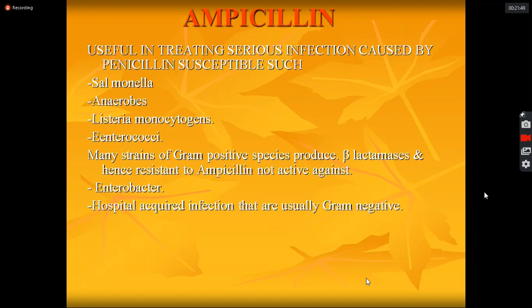So please mark it that first you check the patient, you evaluate the patient, you reach a tentative diagnosis, and you start with a symptomatic and a specific medicine. But before starting the medicine, you should give the blood for culture and sensitivity and wait for the report.